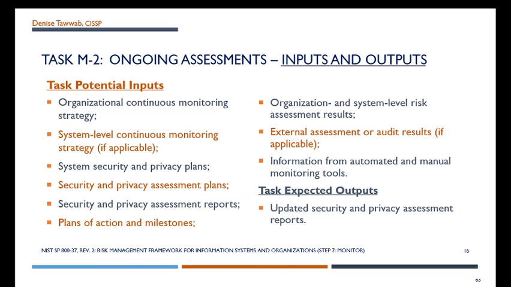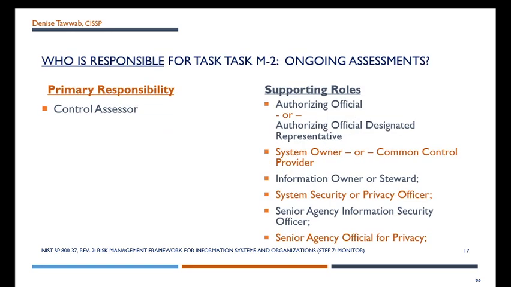All of those inputs feed into the ongoing assessments task. The expected output from this task would be an updated security and privacy assessment report. The primary responsibility for ongoing assessments is going to be the control assessor.